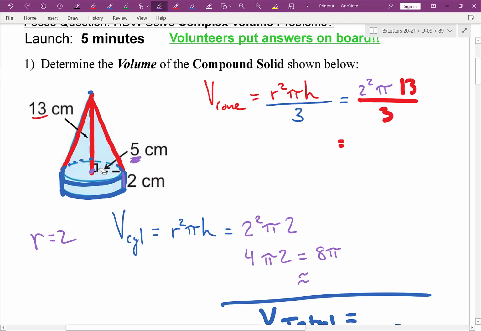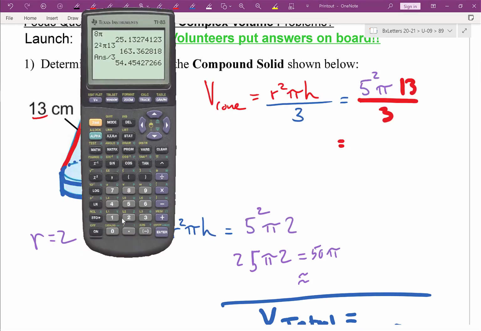The radius is actually 5. So this should be 5 squared, making this 25, making this 50 pi. And then when we do the calculation now, 50 pi gives me 157.